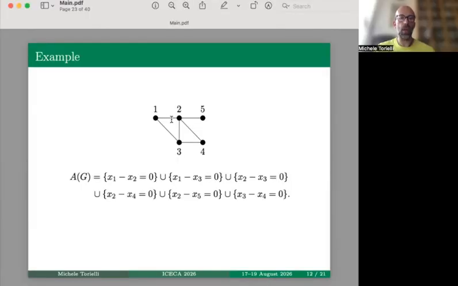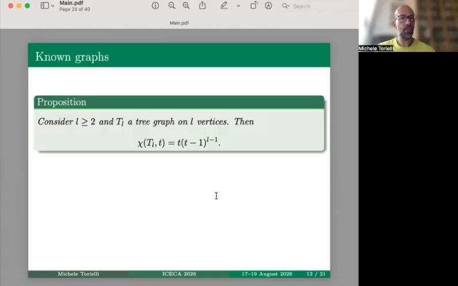For example, for the edge 1, 2, I have the hyperplane x1 minus x2 equals 0. Then for the edge 2, 5, I have the hyperplane x2 minus x5 equals 0. And obviously, if I compute the chromatic polynomial of G or the characteristic polynomial of the arrangement, I obtain the same thing, that is (t minus 1) squared times (t minus 2) squared.